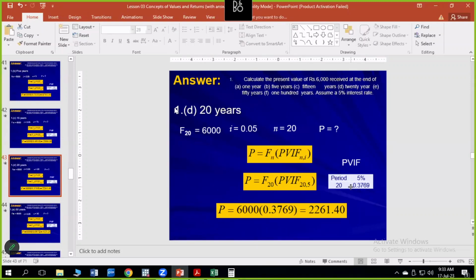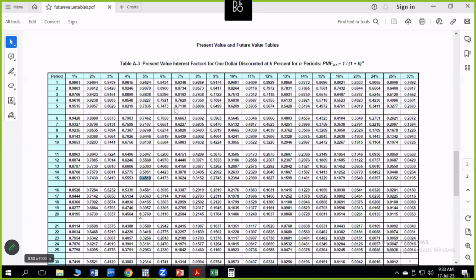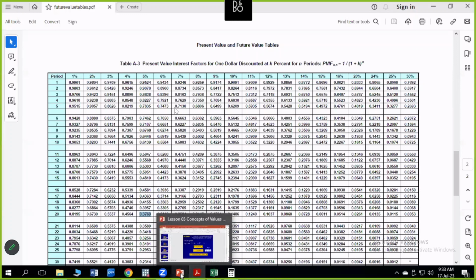So you can calculate the factor, 0.3769. So you can check for the 20 years. Yes, 0.3769 is there. So you can take it.